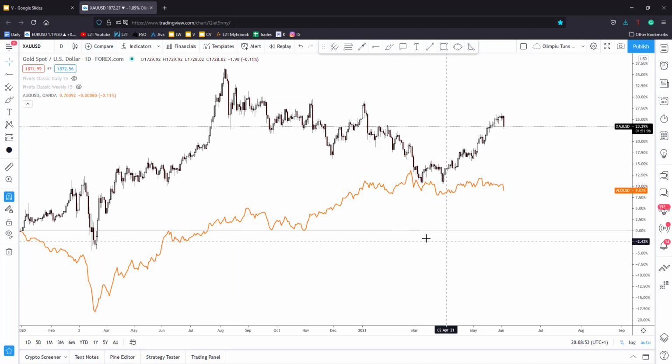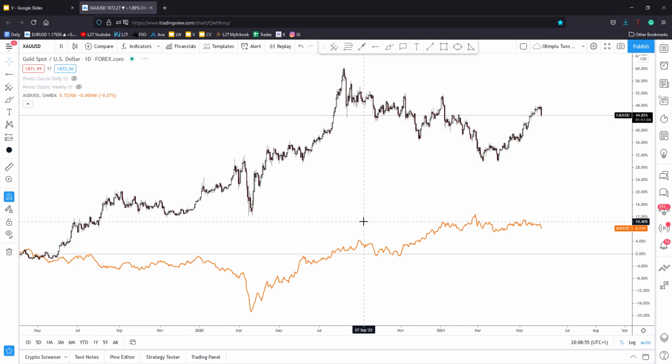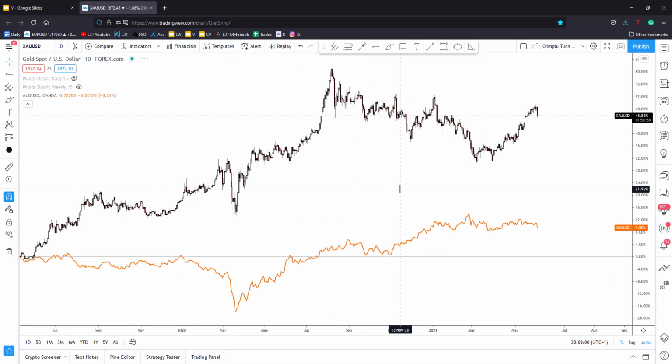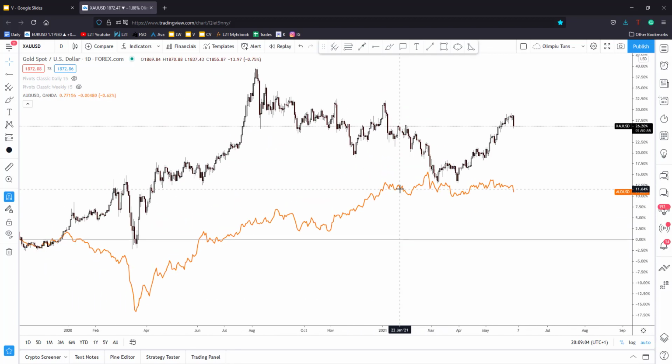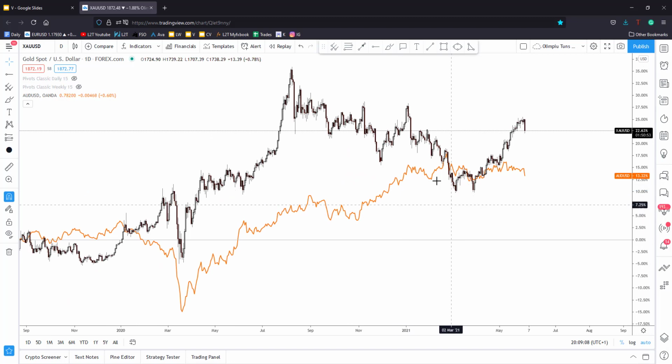Maybe it's not a very good one here, but usually when the price of gold increases, the price of the Australian dollar versus the US dollar could increase as well, and also when the New Zealand dollar versus the US dollar increases, then we could expect the price of gold to increase as well.